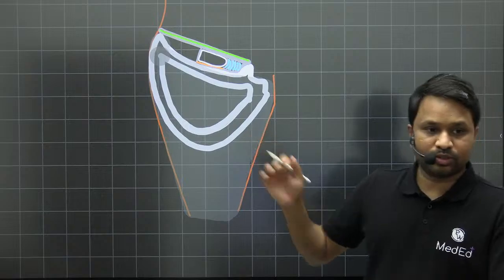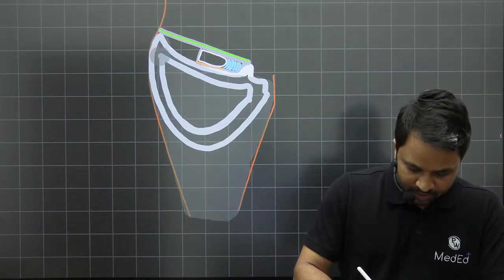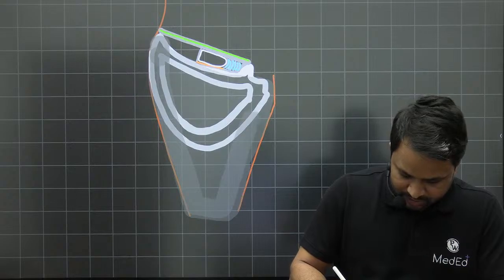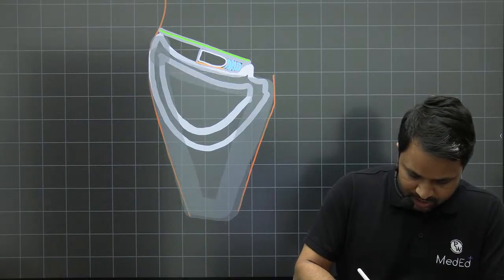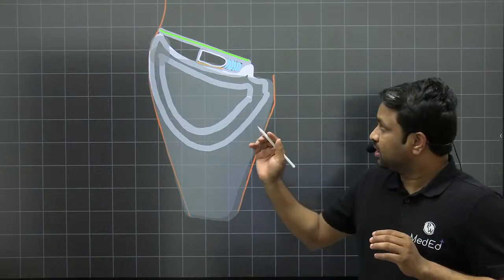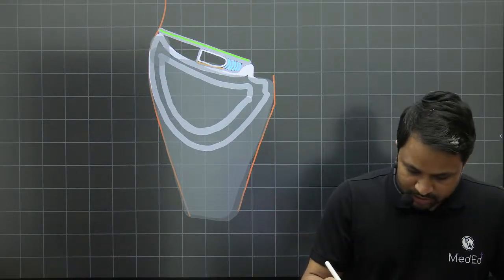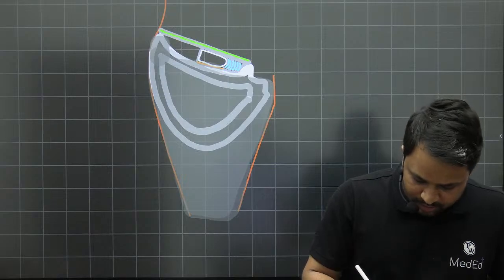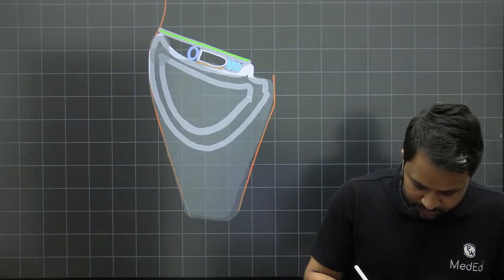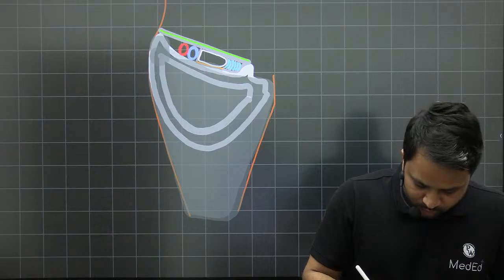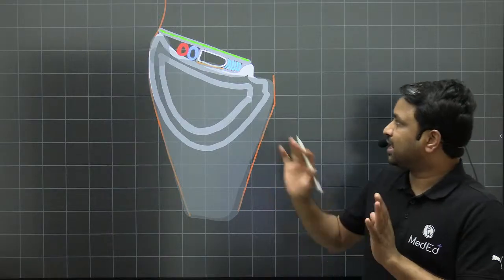I hope everybody knows that the fascia lata is the covering that is present on the thigh surface. Nothing spectacular about it. As we've already learned, there are two vessels which are going to be present just next to the septa. One is your femoral vein which is going to be present here. Medially there will be the femoral vein, laterally there will be your femoral artery. So these two structures are present as it is.